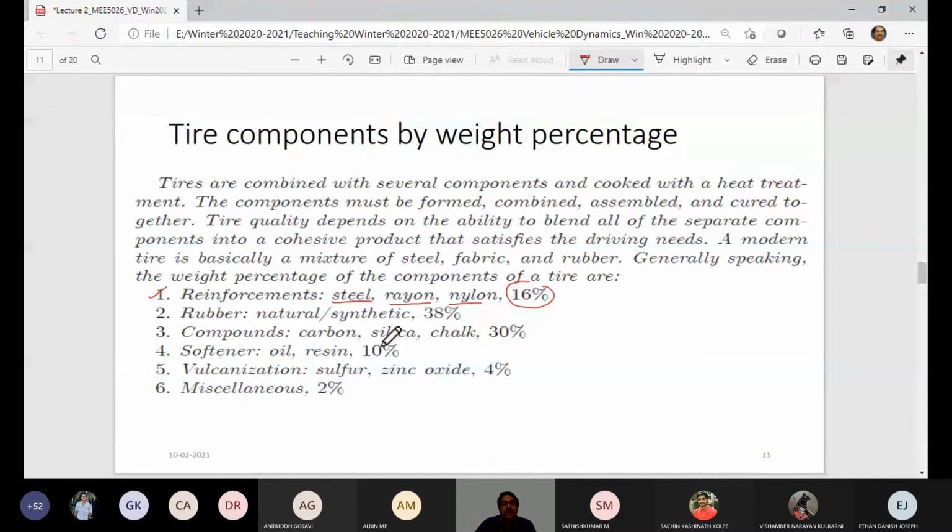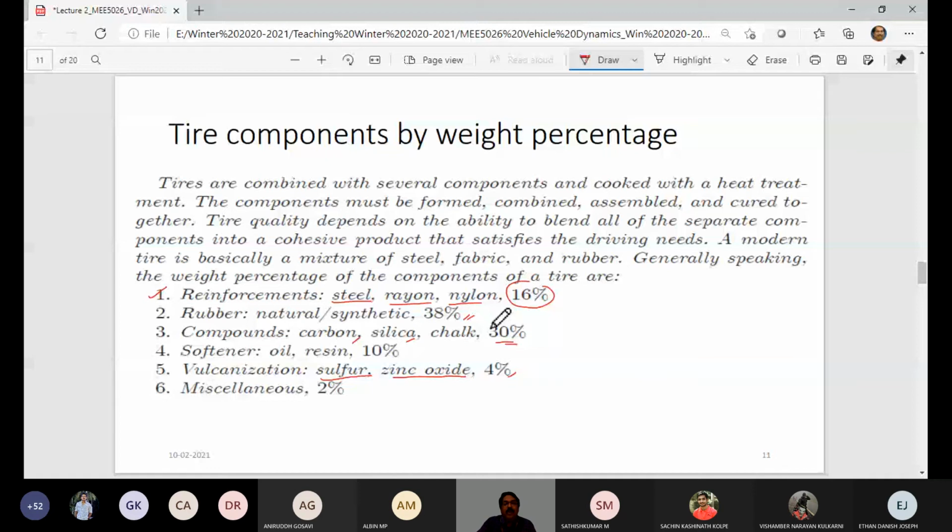There are compounds added in the rubber, which can be carbon, silica, and chalk, so 30%. And there are some softeners called oil, resins, 10%. There's something called the vulcanization process, which is important, wherein sulfur or zinc oxide will be added. So you require another 4%. Some miscellaneous special ingredients of the tires, 2%. So all put together, you would say that this is the weight portion of the different components of the tires.